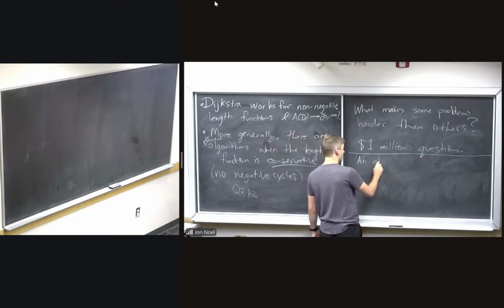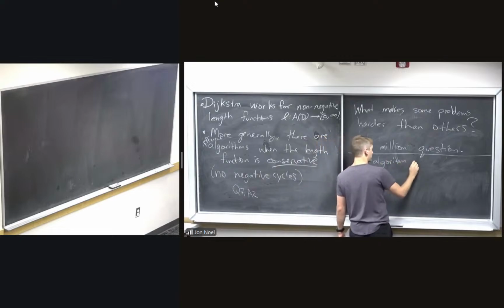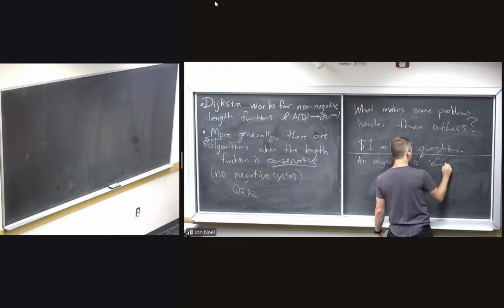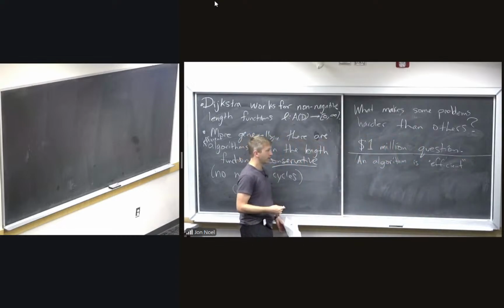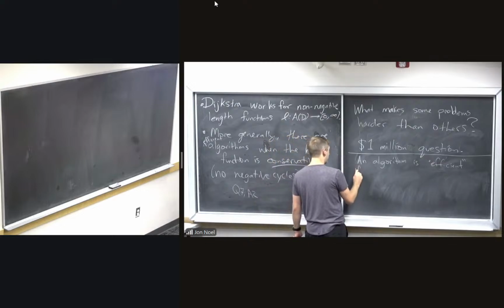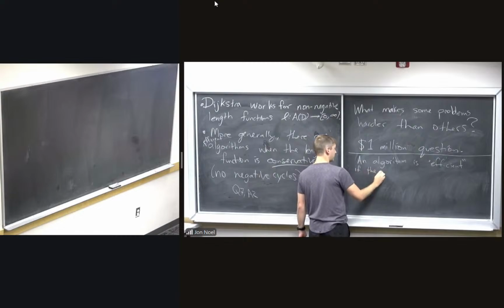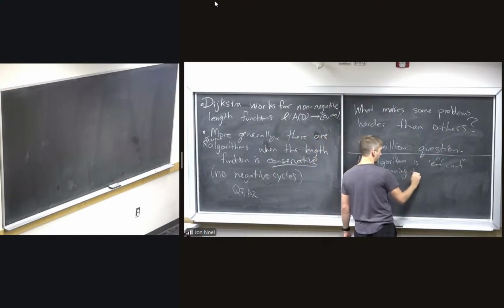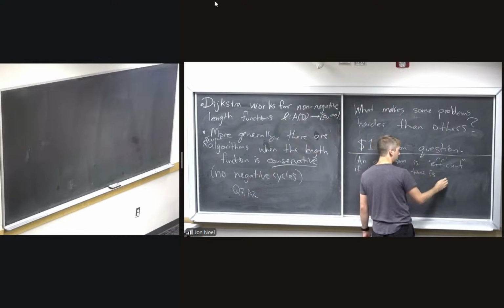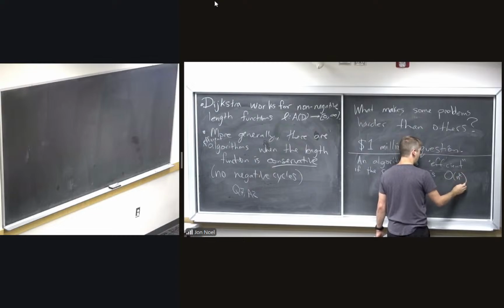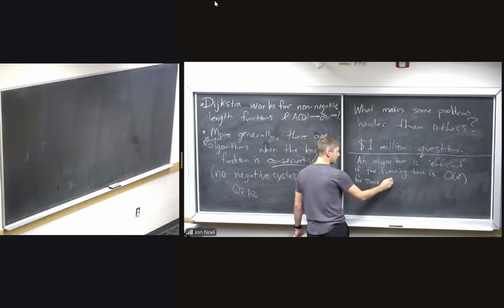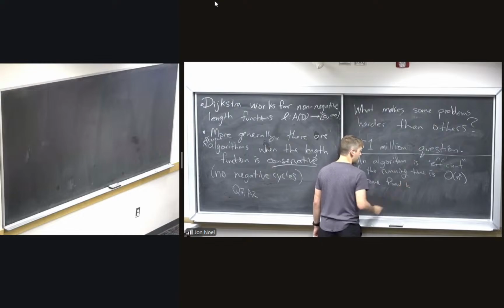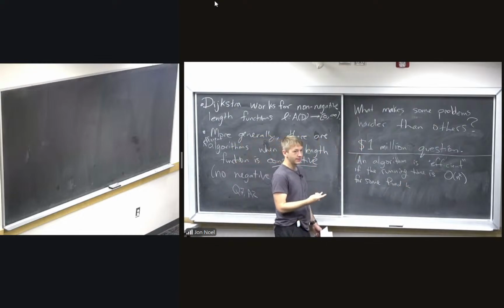This is a standard idea. Although in general you could be interested in other measures of efficiency, we'll say it's efficient if the running time is big O of n to the k for some fixed k, where k is just a constant and n is the size of the input.